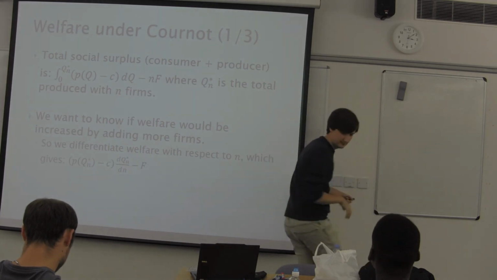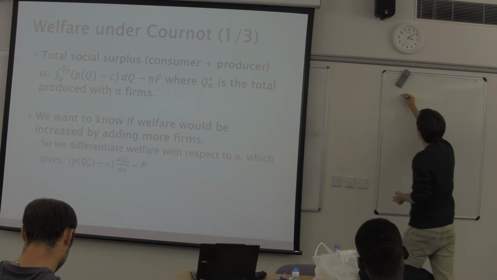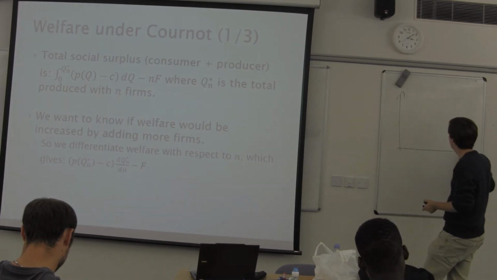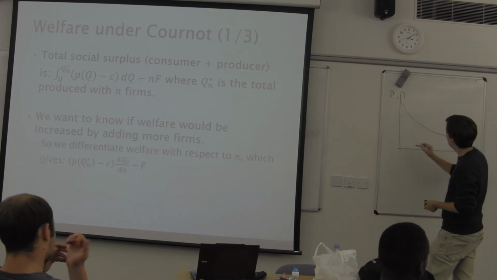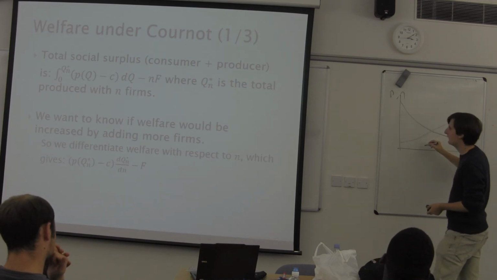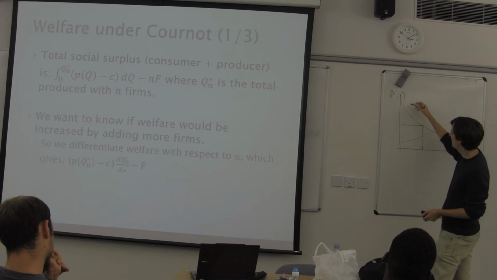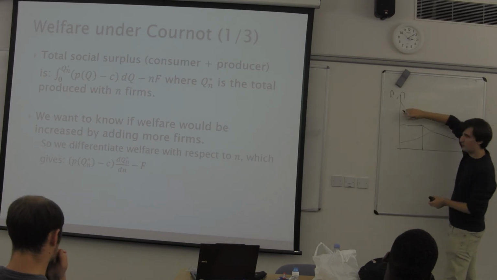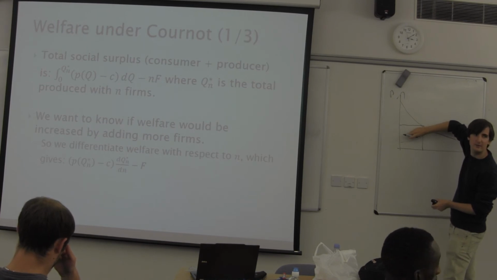So, draw the diagram I had before. Here's price and quantity. Demand curve. Here are some costs. Here's the quantity that's being produced. Price is this one. Okay, so the total social surplus is producer surplus, which is this bit, plus consumer surplus, which is this bit.